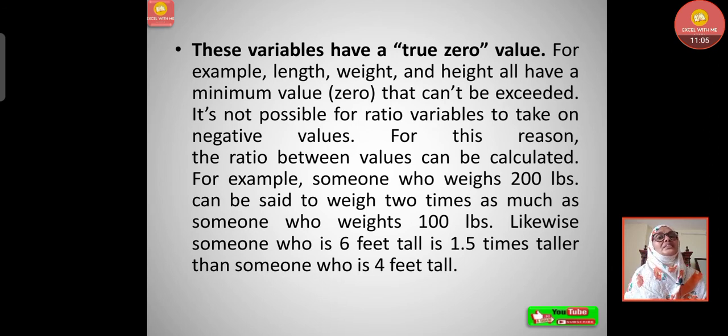For this reason, the ratio between values can be calculated. For example, someone who weighs 200 lbs can be said to weigh 2 times as much as someone who weighs 100. Likewise, someone who is 6 feet tall is 1.5 times taller than someone who is 4 feet tall.